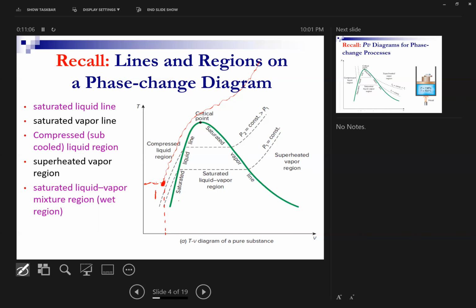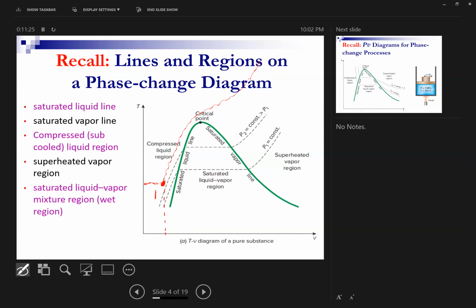This line is the saturated liquid line. This is all the cases when I have 100% liquid, but that liquid is about to vaporize. Right? We call it saturated liquid.